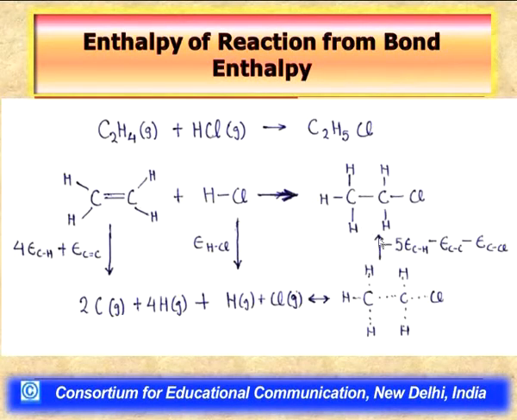The formation of ethyl chloride from these atoms requires the formation of 1 carbon-carbon single bond, 5 carbon-hydrogen single bonds and 1 carbon-chlorine single bond. Therefore, heat will be evolved corresponding to the bond enthalpies of 5 carbon-hydrogen single bonds, 1 carbon-carbon single bond and 1 carbon-chlorine single bond, so all of them are given with a negative sign.